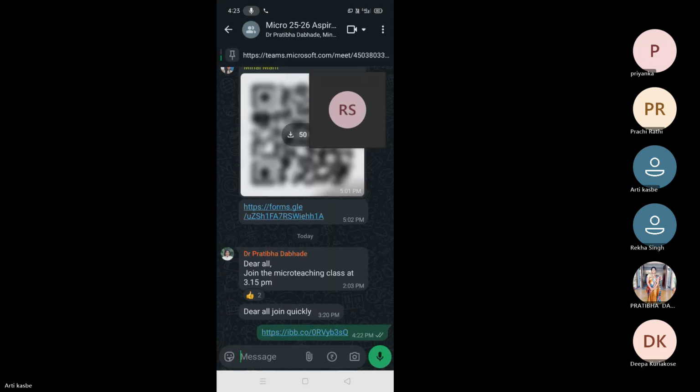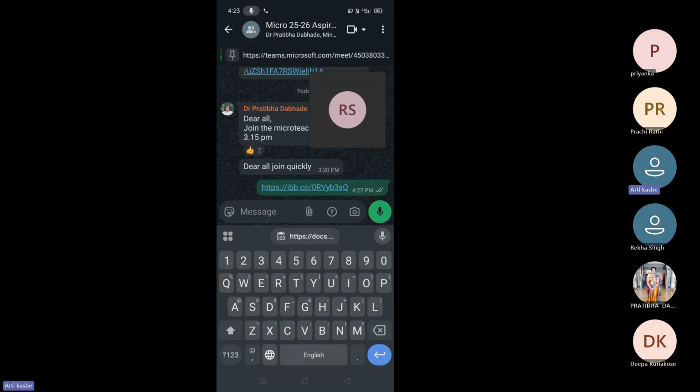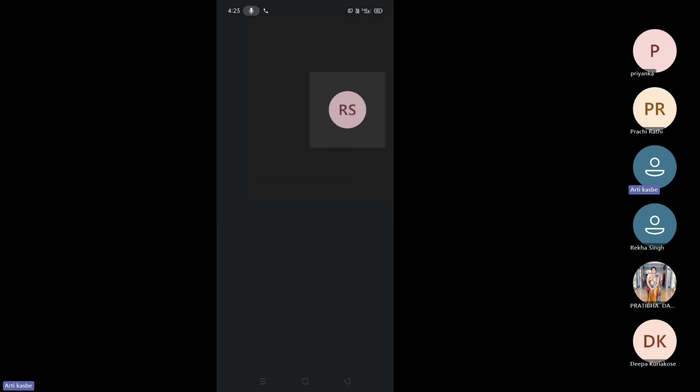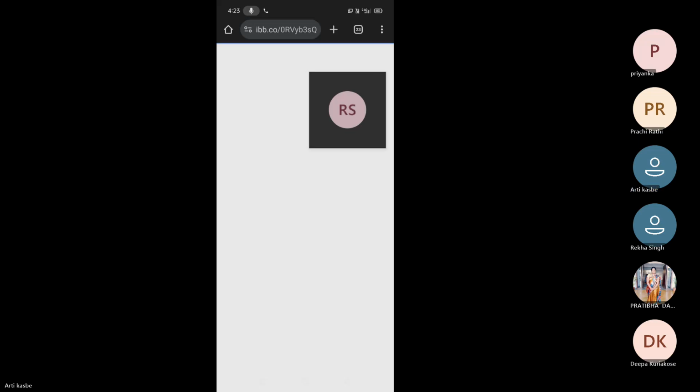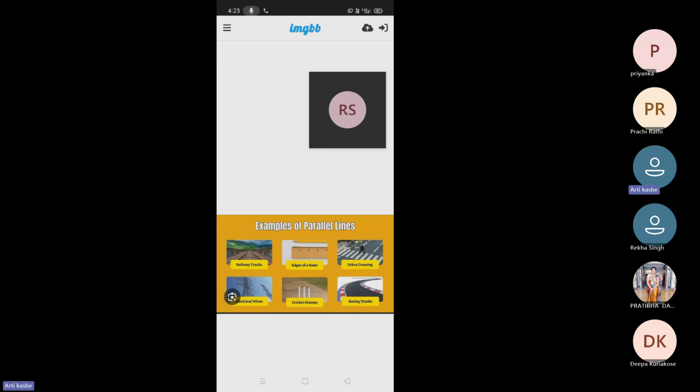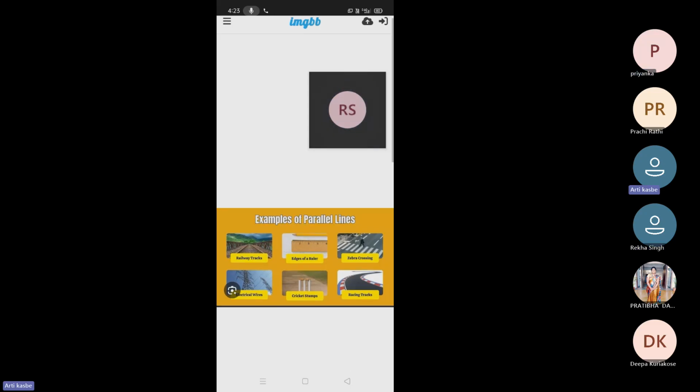Now in that example, can you see on some lines there is one line across on that parallel line? In railway tracks, you have observed the two parallel lines. On that parallel lines, one line is across. And cricket stump also.